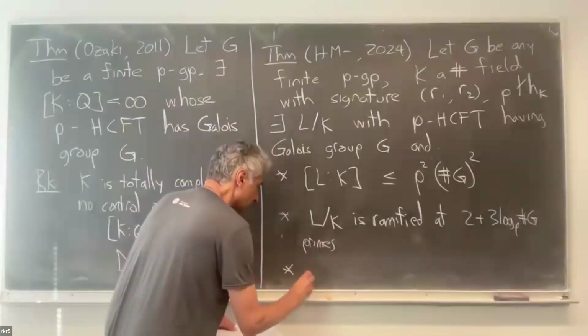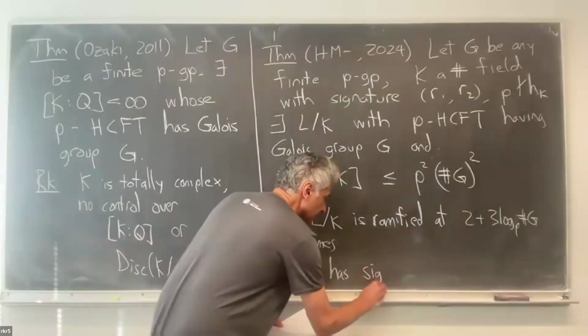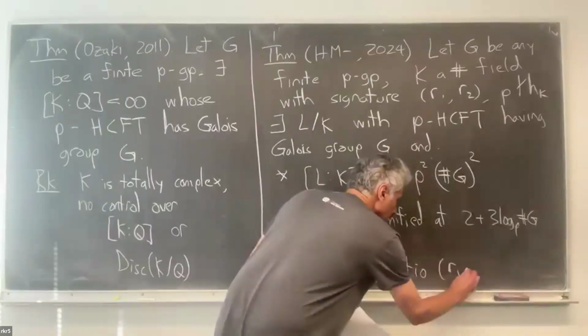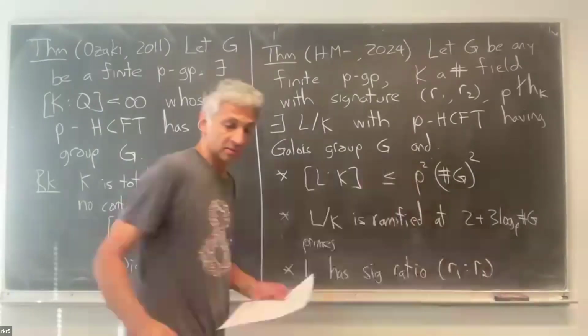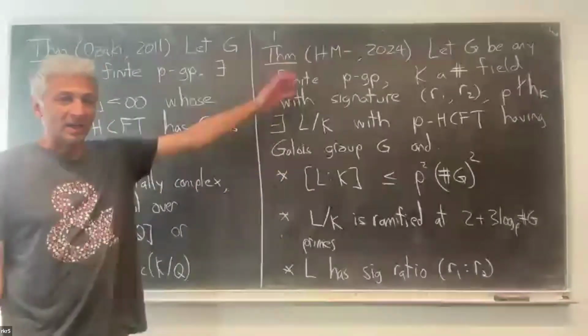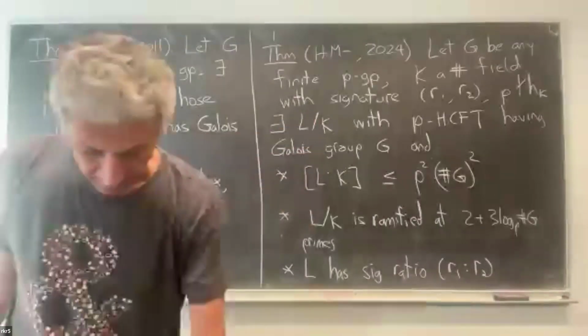And L has signature ratio R1 to R2. So for starters, you could just take K equal to Q, and we can get a totally real field, and we can control these things a little bit.